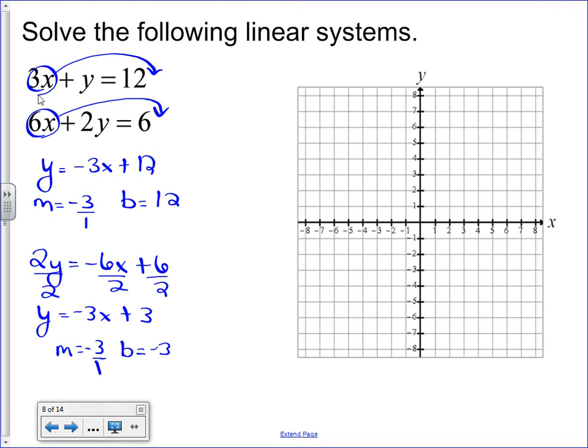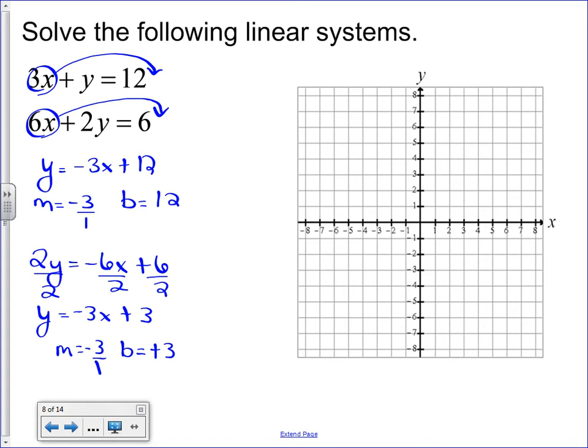Anyone remember something special about these lines? Anyone remember, Jess? How do we know that they're parallel? They both have the same slope, and they have different y-intercepts.